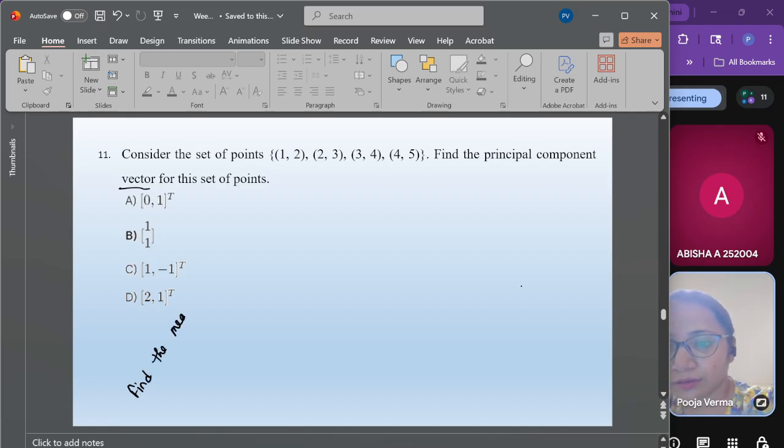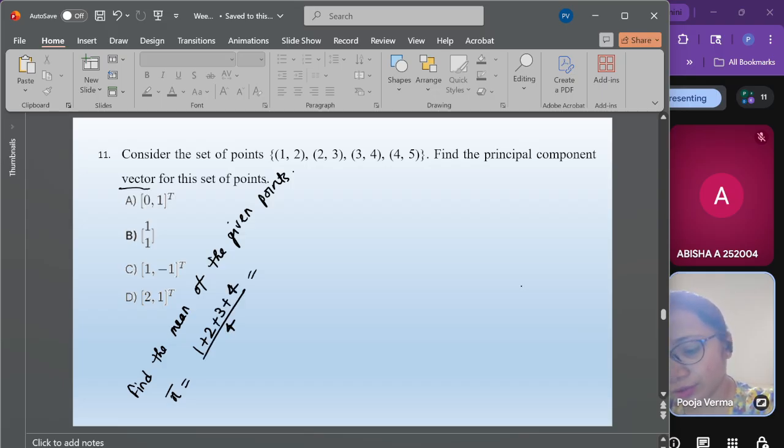Find the mean of the given points. So for x, x dash is 1 plus 2 plus 3 plus 4, divided by 4. If we calculate it, we will get 2.5.